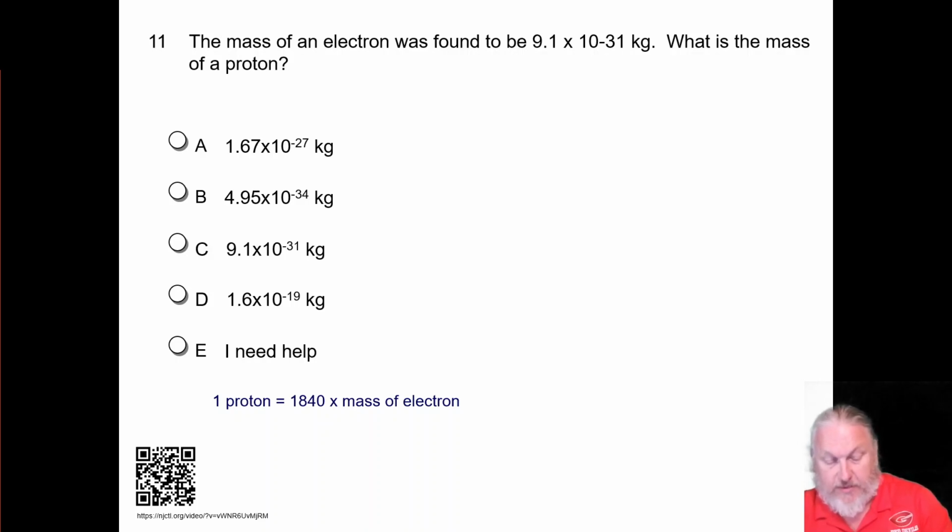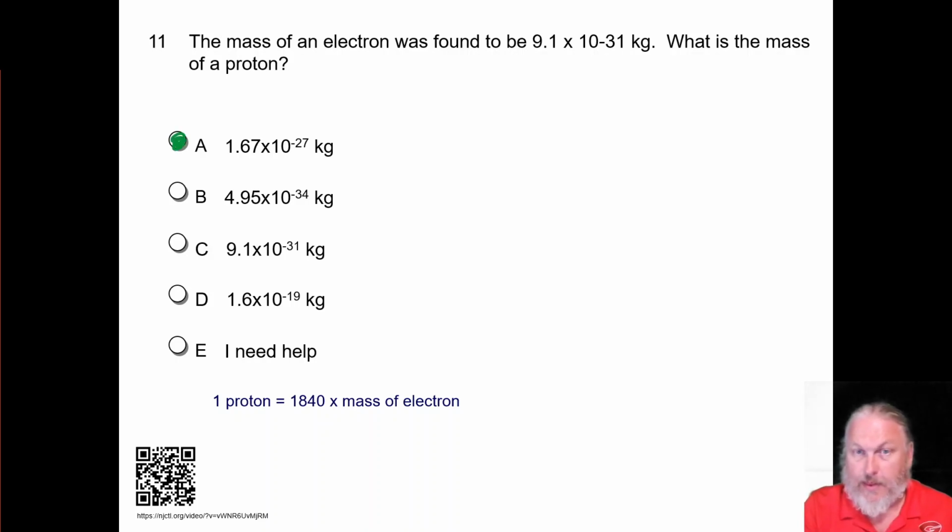So, do my little math on my calculator. 1840 times 9.1 times 10 to the minus 31. I come up with 1.67 times 10 to the minus 27 kilograms.